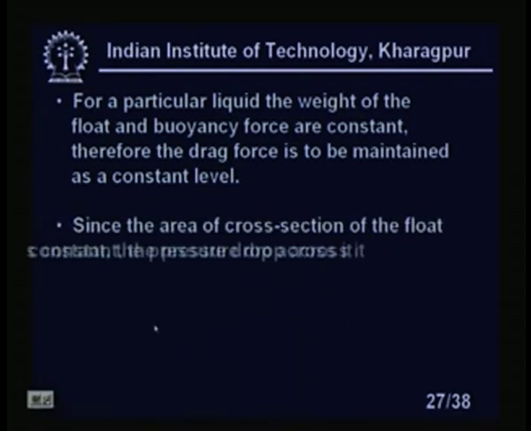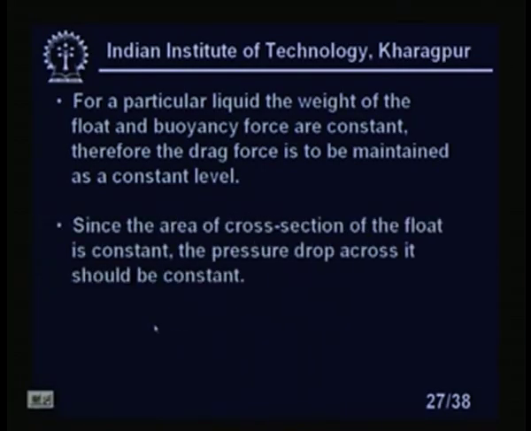Therefore, the drag force is to be maintained at a constant level. Since the area of cross section of the float is constant, the pressure drop across it should be constant, right. This is a key point.